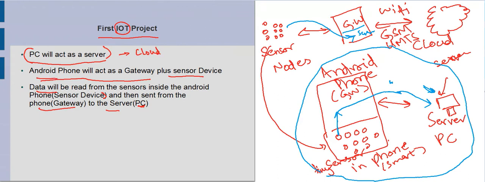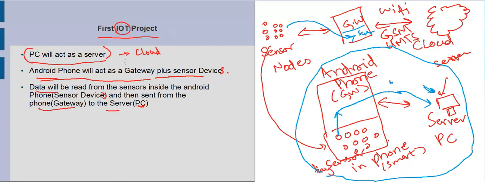The Android phone will act as a gateway plus the sensor devices, as we described here. The phone is going to be the gateway plus the sensor devices that are located here, all those sensors like temperature, pressure, accelerometer, proximity, rotation vector, orientation, and light sensors that are located on our Android phone, plus the app, which is going to read these values from the sensors.